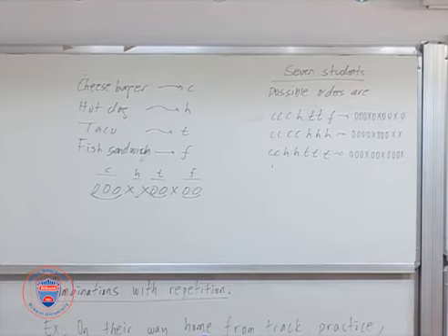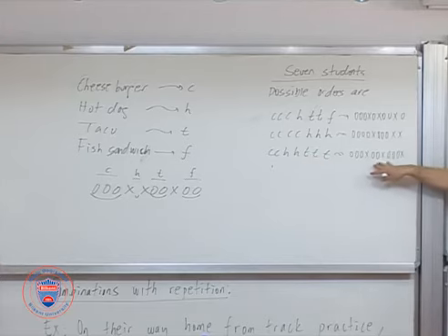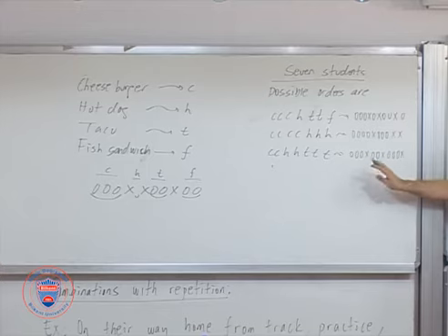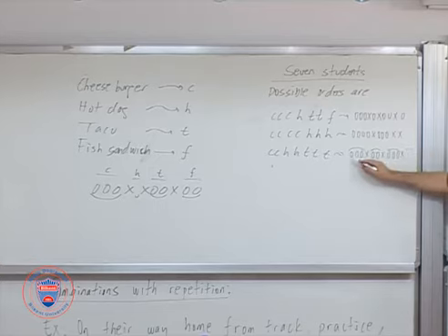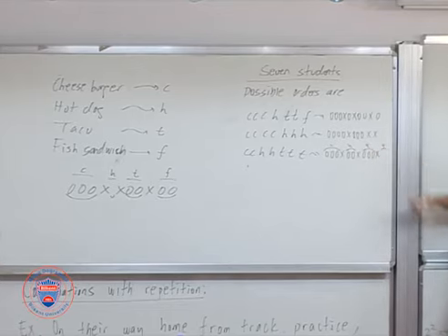Now, does everybody see that this will be a unique way of writing the order? That means if you see this, you know exactly what the order is. So the rule is, look at the zeros before the x's and between the x's. This many zeros means this many C's, this many H's, this many T's, this many F's.